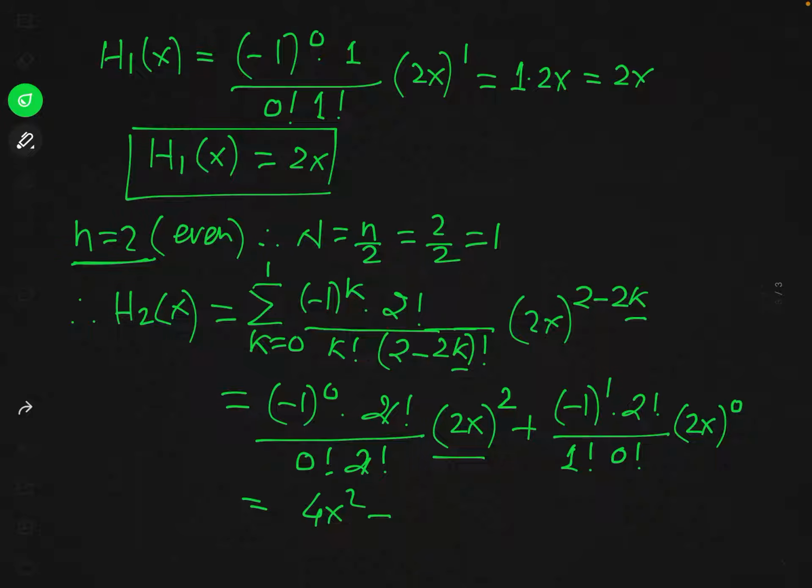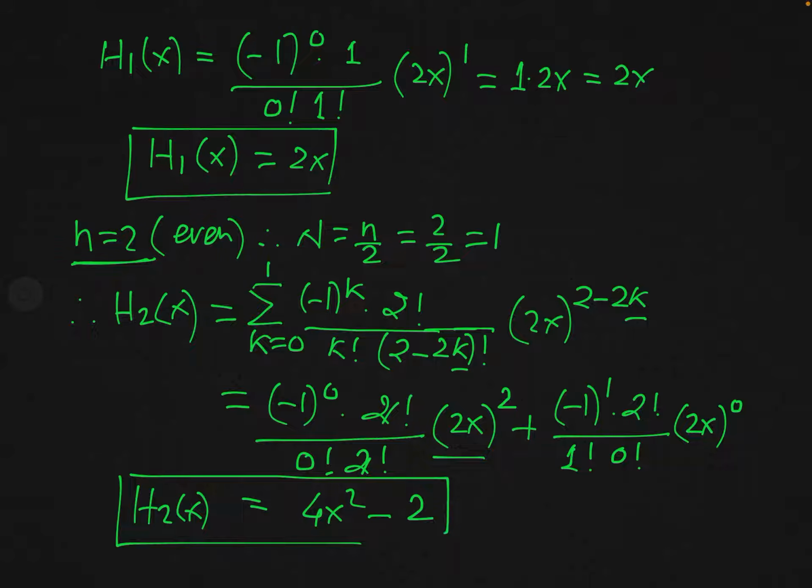And 1 factorial, 0 factorial, both are 1. And 2x raised to the power 0 is equal to 1, so this will be simply 2. So you can see H2 of x, that is the Hermite polynomial of order 2, is equal to 4x square minus 2.